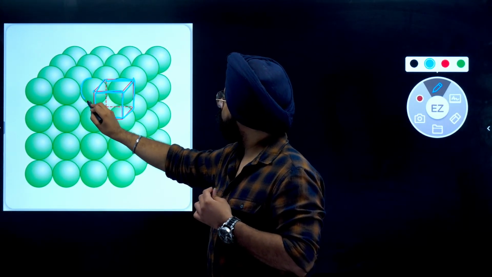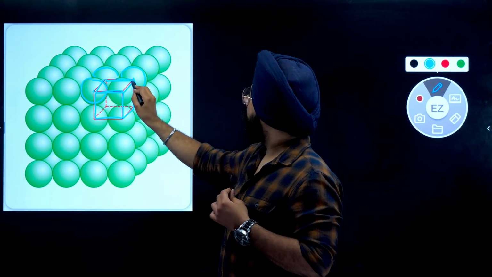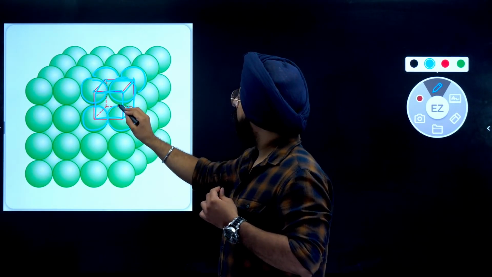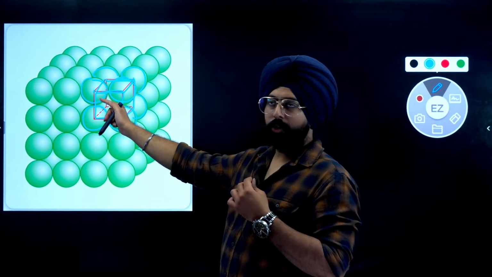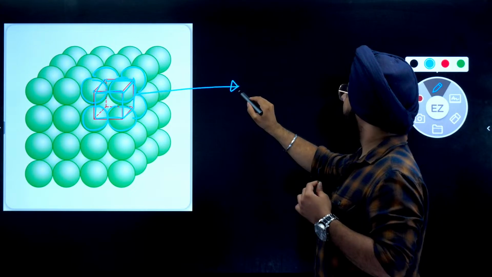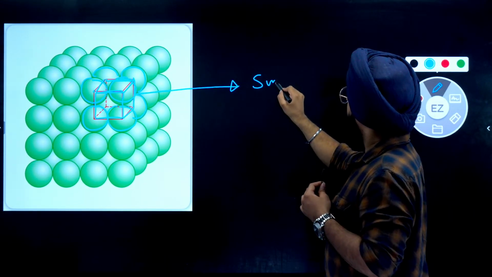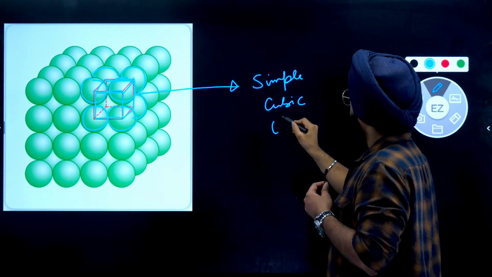This one, this one, this one, and the one hidden at the back. Do you see that all those atoms are present at the corners of this cube? So my dear friends, what is this? This is basically your simple cubic unit cell.